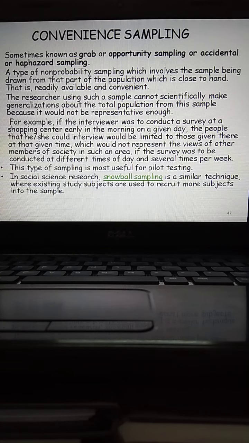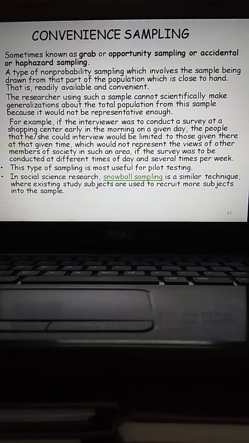The researcher using such a sample cannot scientifically make generalizations about the total population from this sample because it would not be representative enough. Most of the time, these non-random samples are not suitable for generalizing the information.